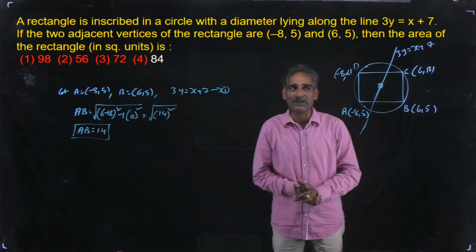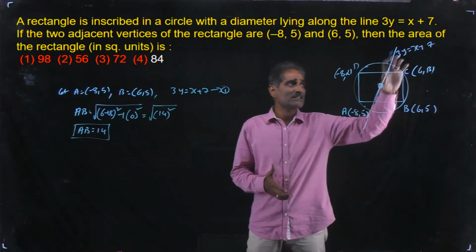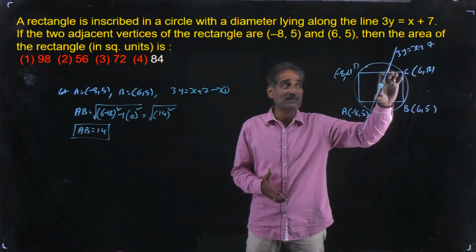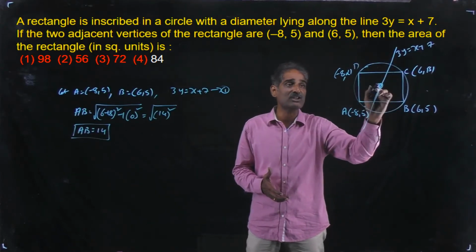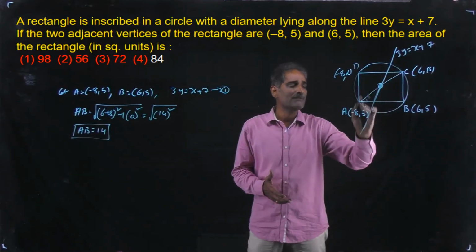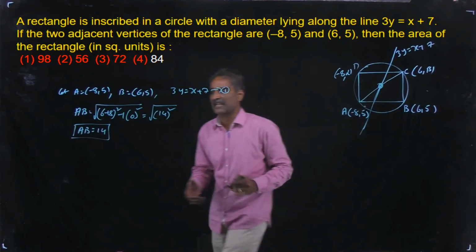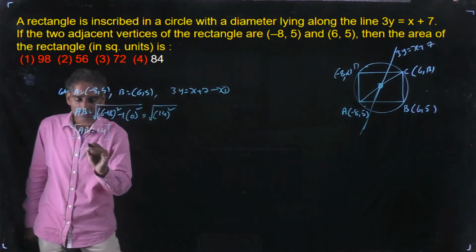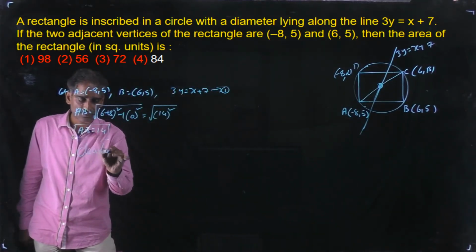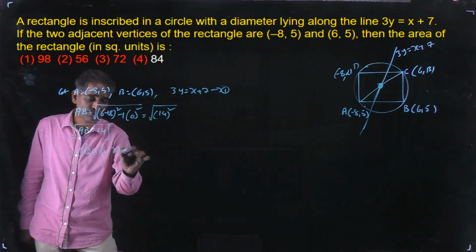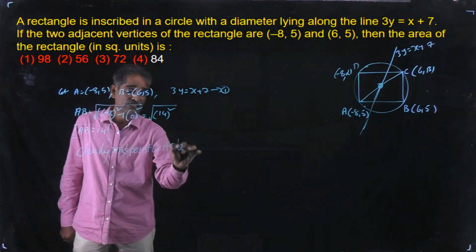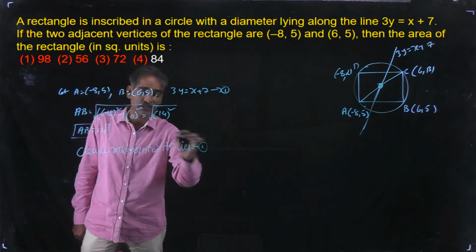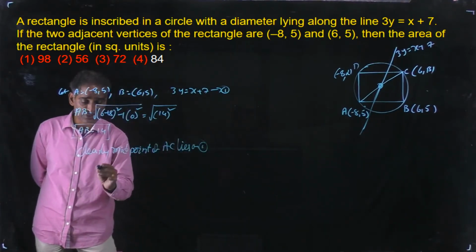How can we find beta? Just observe, this line passes through the center because the diameter lies on this line. So the diagonals also bisect on this line. Therefore, the midpoint of AC lies on the line, clearly. What is the midpoint of AC?